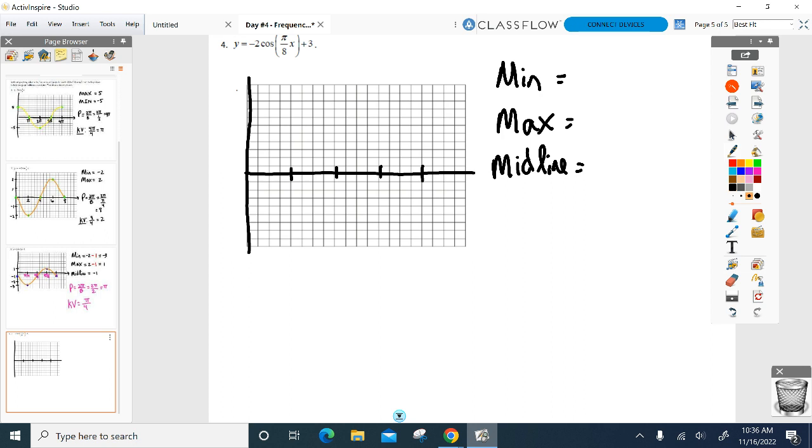Okay, so before I did anything, the minimum was -2 and the max was 2, but then we went up 3. So what's my new min and max? The maximum would be 5. Yep. And minimum would be 1. Good job. How about a midline? The midline would be 3. Good job. The shift. There you go. So everyone make sure those 3 values are on your y-axis.